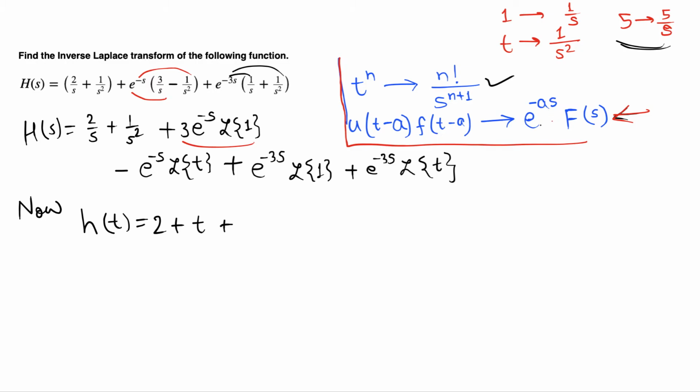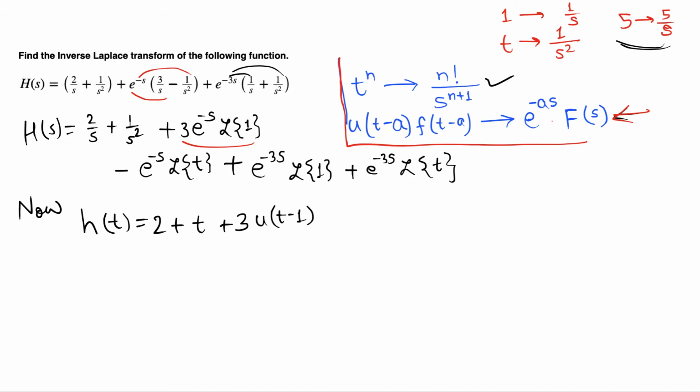This e to the negative as comes out to be the unit step function u(t minus a). This 3 is just constant 3. E to the negative 1s, so u(t minus 1), just the unit step function at 1. And L of 1, bring this back, that's just 1.